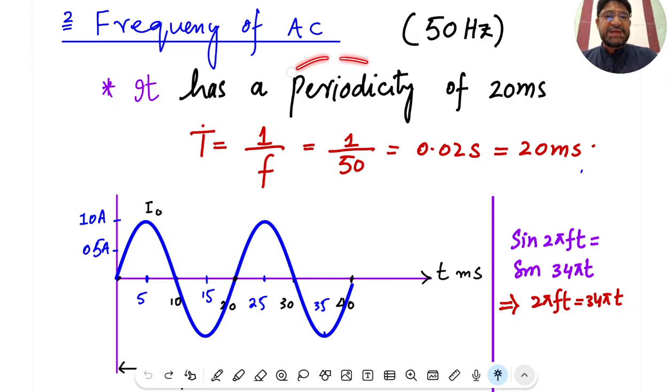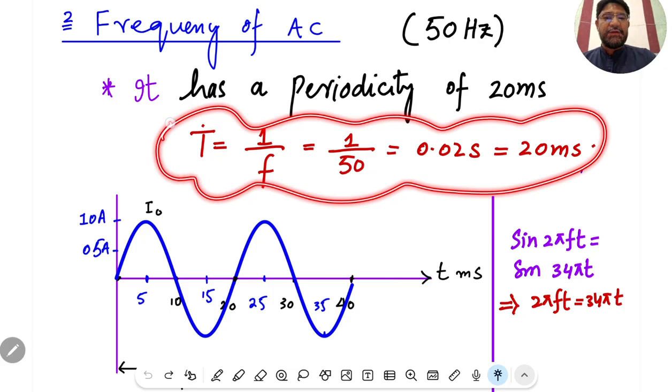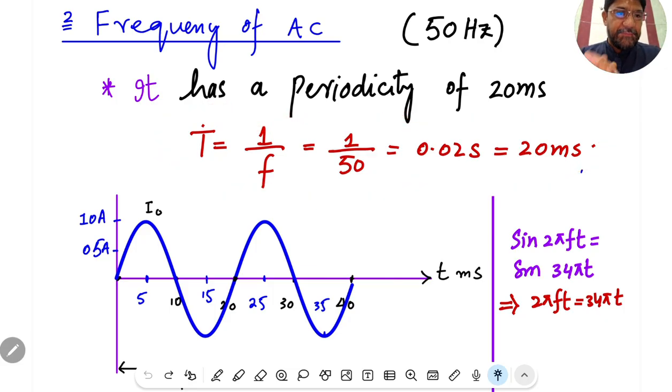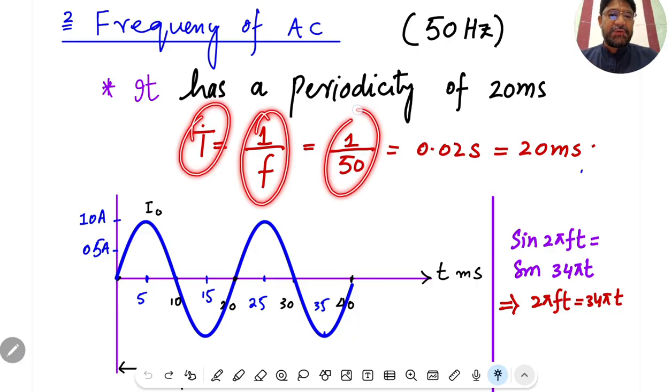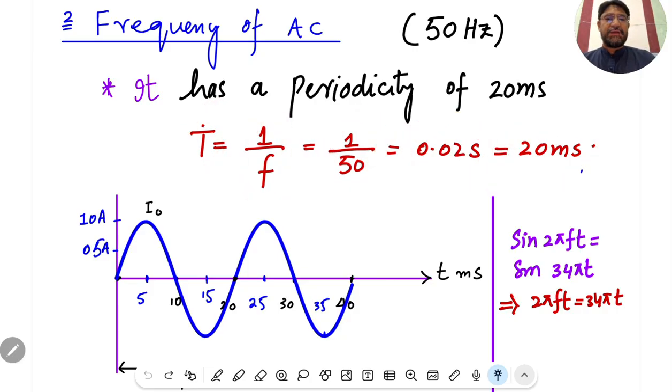It means that the periodicity of this alternating current is 20 milliseconds. I calculated the periodicity from this frequency value: the time period is 1 upon frequency, so 1 upon 50 is 0.02 seconds, which is 20 milliseconds. So the time period of the alternating current is 20 milliseconds.